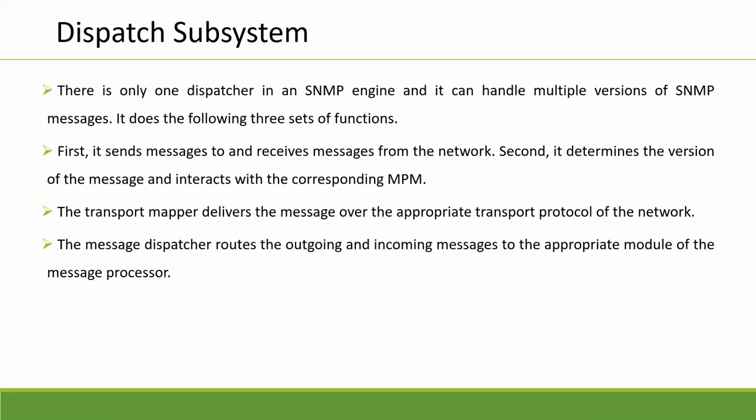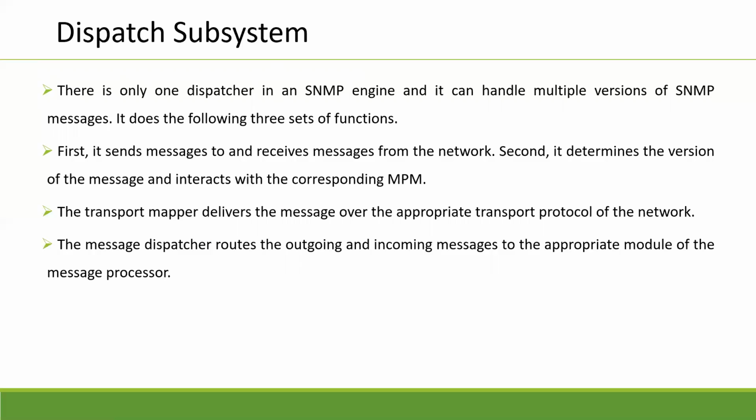The second: it determines the version of the message and interacts with the corresponding MPM. And third: it provides abstract interfaces to SNMP applications to deliver an incoming PDU to the local application and send a PDU from the local application to a remote entity. That's all about the three things.